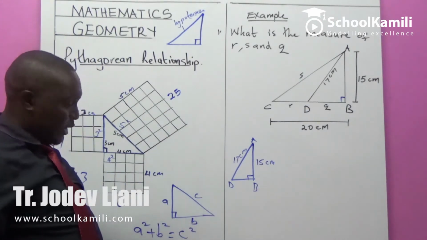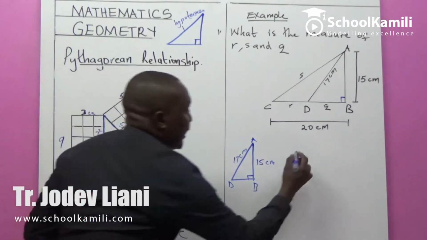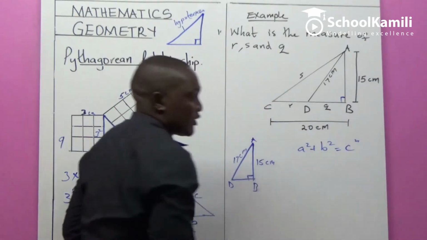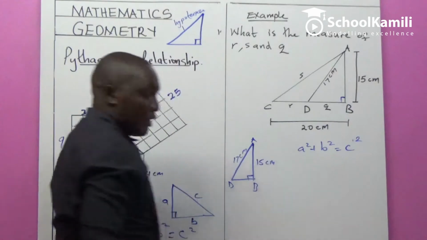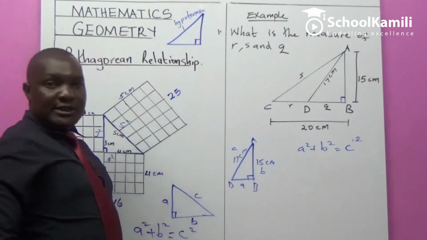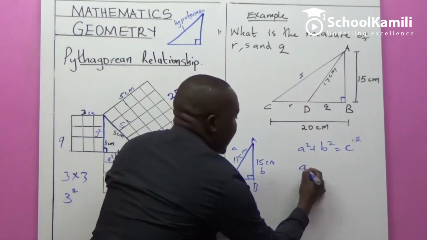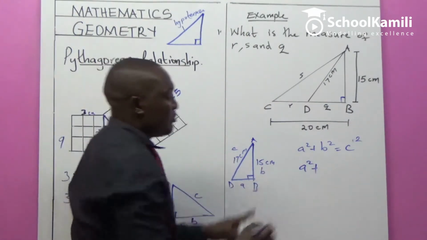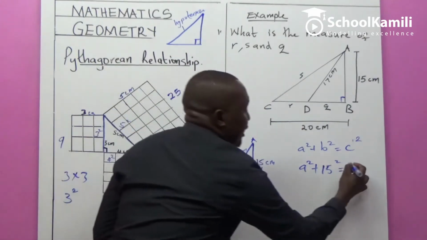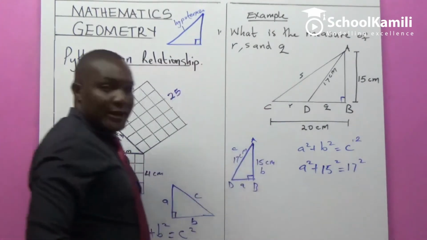So here, we can go back to the formula that A squared plus B squared should give me C squared. So let me call this side A, this one B, and this one C. So if I have A squared, I've not been given anything, plus B squared, that is 15 squared, should give me C squared, which is 17 squared.